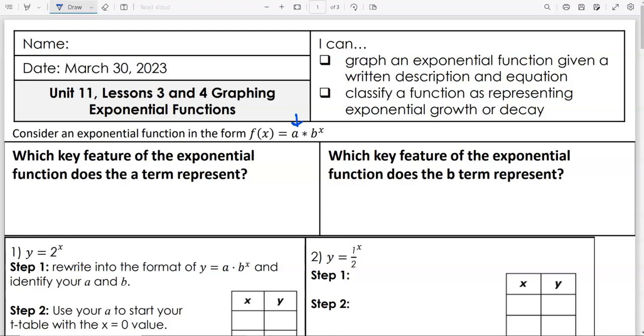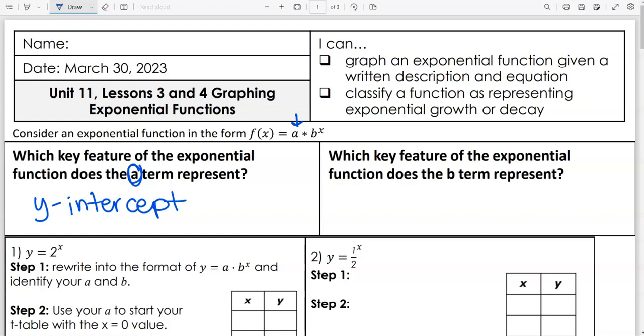It was the y-intercept. It's going to be the same for this one. So our a value, our starting value, is going to represent our y-intercept. So a is the y-intercept of our curve. Whether we're growing or decaying, that's going to be our initial value. That's where we're going to start.